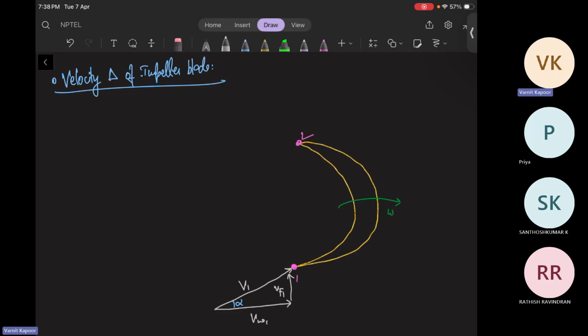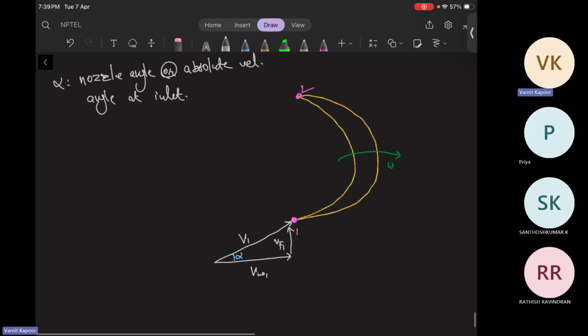So alpha is the nozzle angle or absolute velocity angle at inlet. Suppose a nozzle is there from where the fluid enters at an angle alpha.